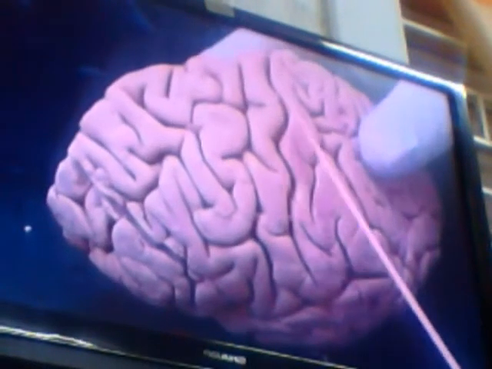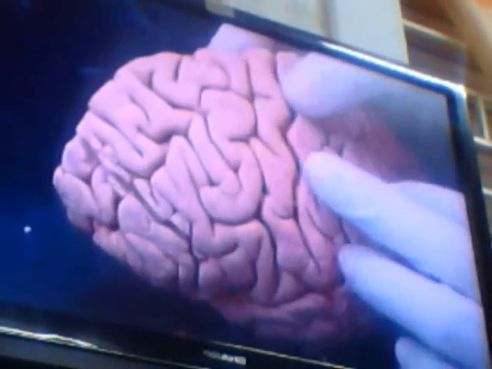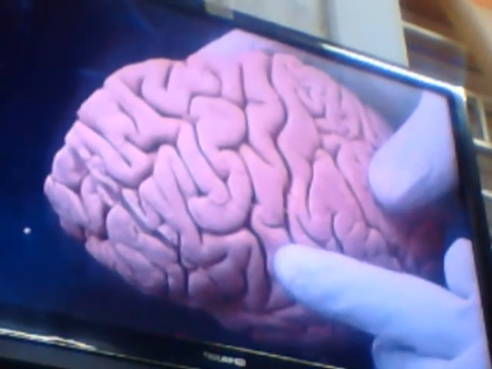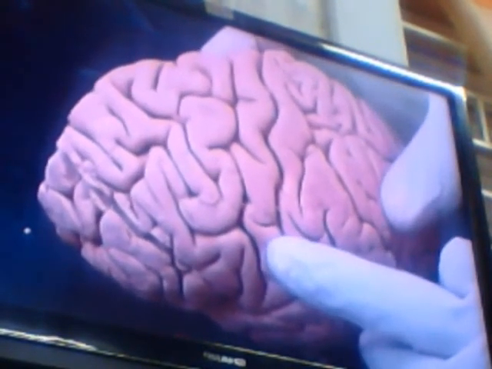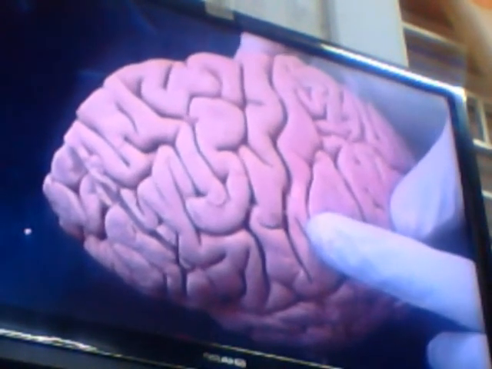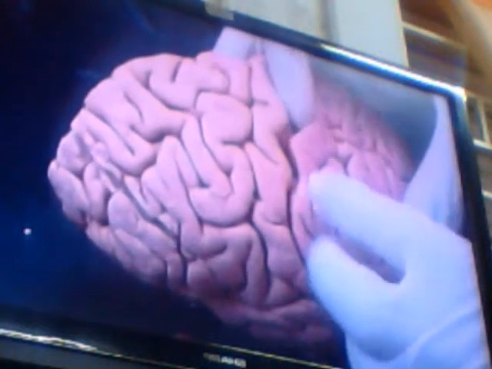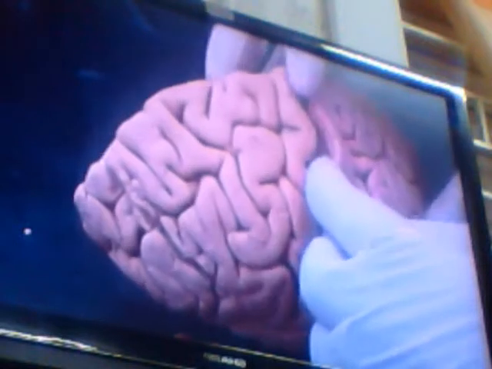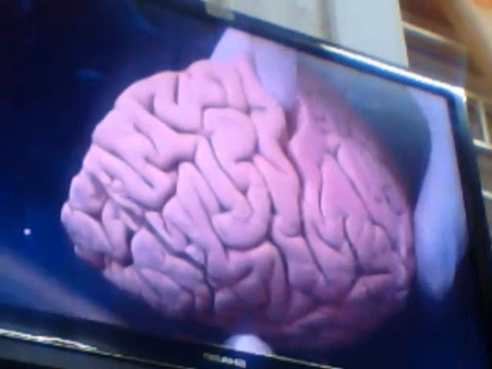Right? And the front gyrus, we will call that the precentral, and the one behind is going to be the postcentral, and they are going to meet in the center. Right, so this is going to be your central sulcus.